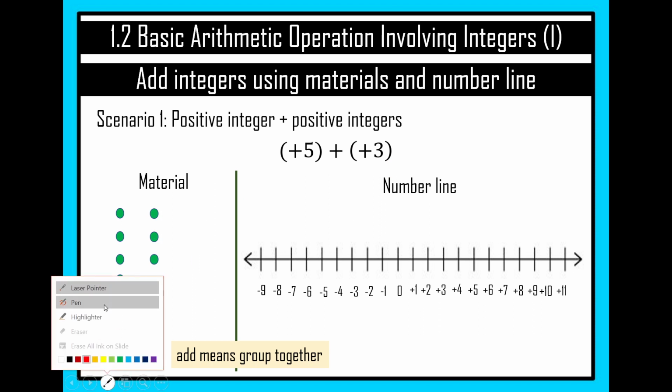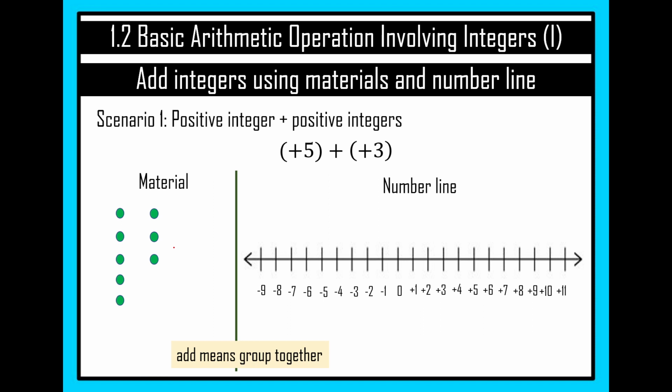After that, adding means that we will group them together. So when we group these two numbers together, we have a total of 8 green circles, which is positive 8.